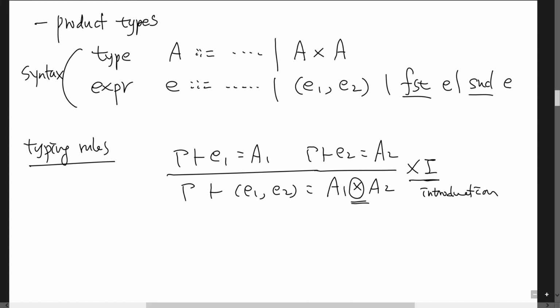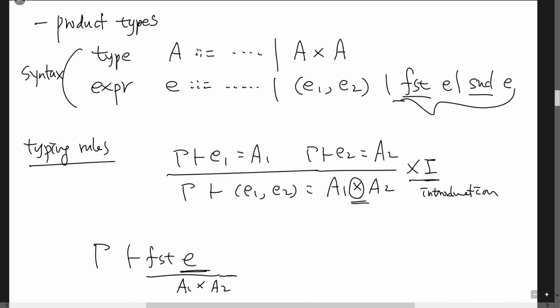And what about the typing rules for these two projections? So probably this expression E is going to have a product type, something like A1 times A2. Then the whole expression is going to have a type A1.